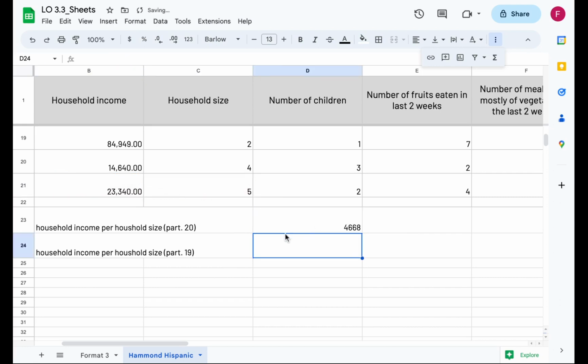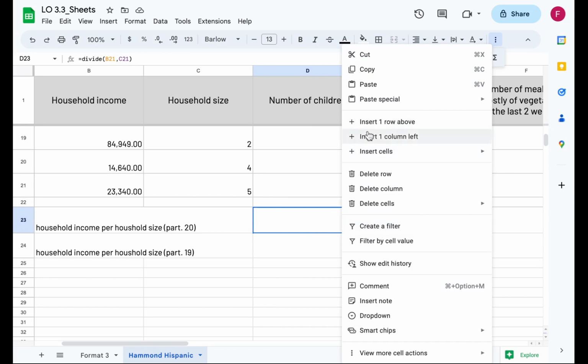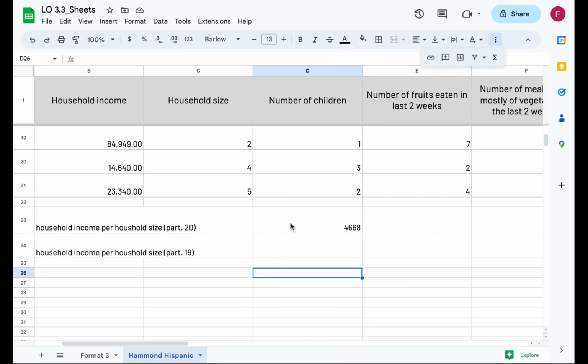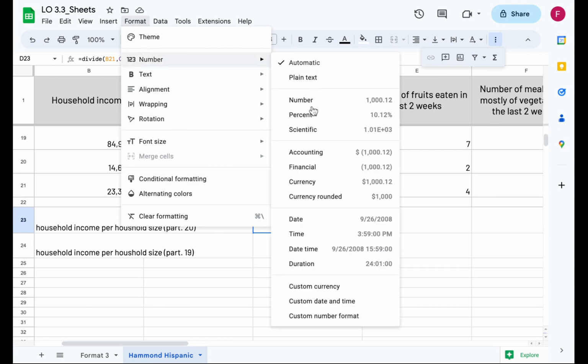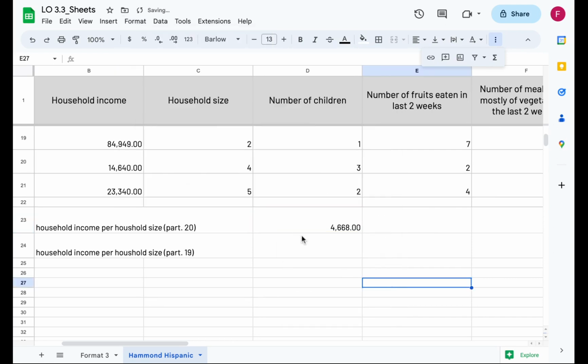So this means that, oh sorry, yeah, right thing. This means that for each person, let me format it. I like to format it and put the, yeah. This means for each person in this household, they are spending roughly $4,000 annually for each person.